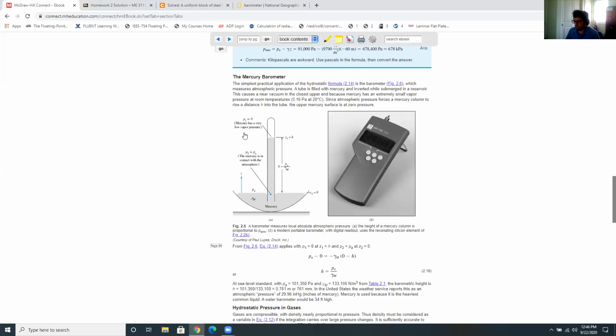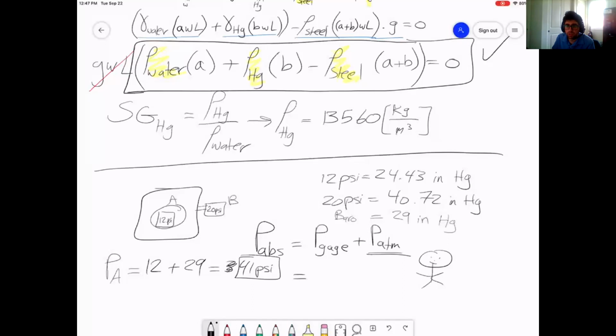Wait, how did you solve it again? Can I see the problem? Let me share my screen here. Can you see my screen now? Yeah.